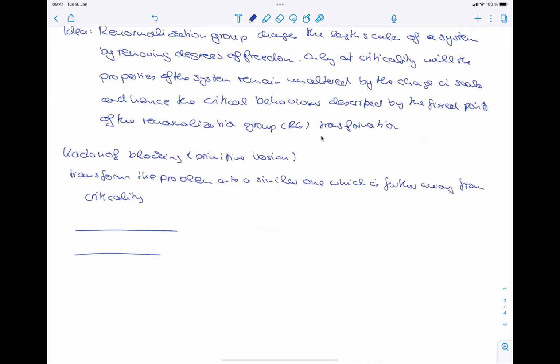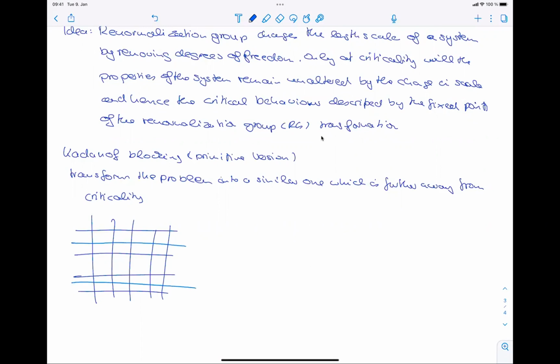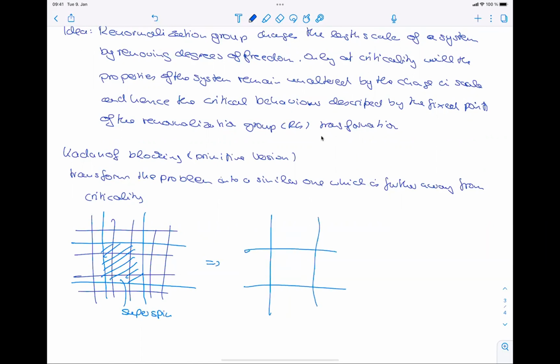So let's take a symmetric spin lattice, and what I do is I coarse grain by, say, introducing this light blue lattice, which is coarse graining over these 4 spins at the lattice side, and I make this a super spin such that my new system has a different length scale.